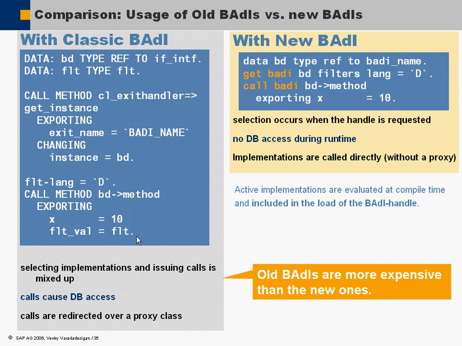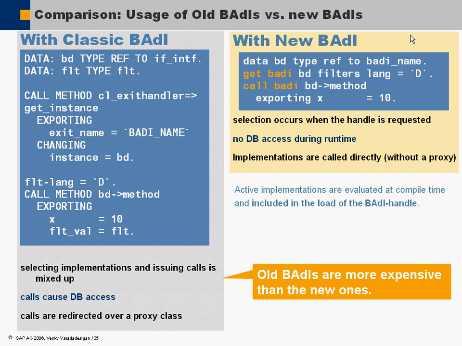So that's why the old classic BAdIs are a little slower, and the new BAdI is integrated into the language. You have two new ABAP statements called GET BADI and CALL BADI. At the time of doing a GET BADI, you supply the filter condition, and then in the CALL BADI, you just supply the parameters.